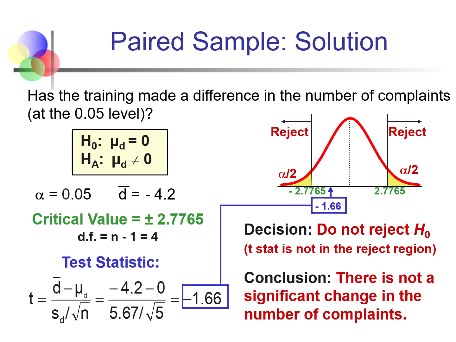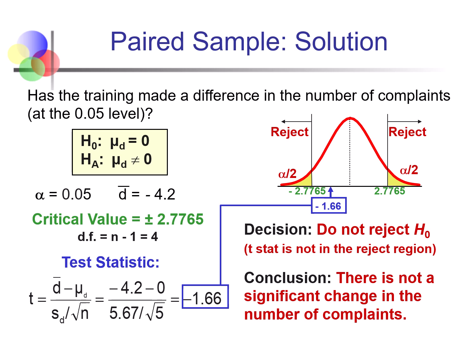And then we check whether the t statistic lies in the acceptance region or in the rejection region. We see in the figure that minus 1.66 is greater than the critical value, which is minus 2.7765.